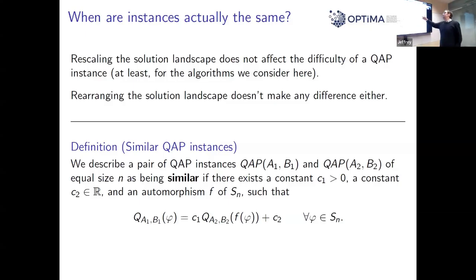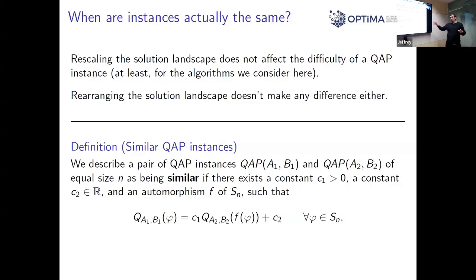So we can define a pair of similar quadratic assignment problem instances like this. And what all this math boils down to is any pair of instances which are related by adding a constant, or multiplying by a positive constant, or by an automorphism of S_n, which boils down to rearranging the solution space, but all the solutions which were there are still there, and any solutions which were adjacent are still adjacent.